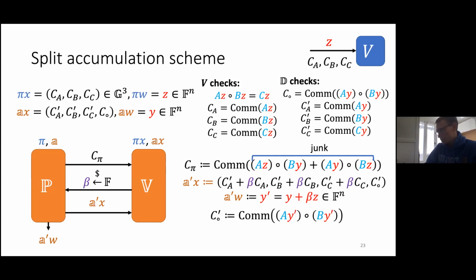But now we also have the CO prime element, which will be exactly what we need it to be. So it will be A times Y prime circ B times Y prime. And what the verifier can now check is that CO prime is equal to CO, the old accumulator element, plus beta squared times CC, which comes from the proof, plus beta times the junk term.